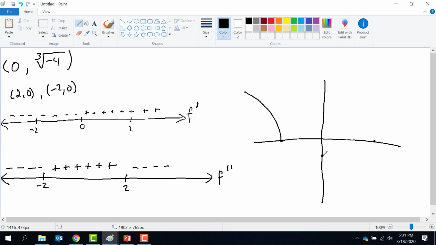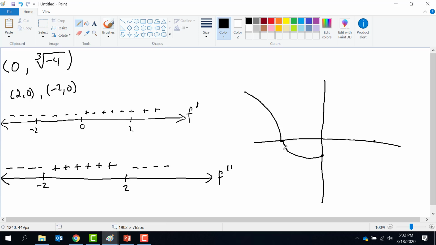And it connects to this point over here, so it looks something like this. Again, the slope of the tangent line there is going to be vertical as we're coming in from the left and from the right, because there was a vertical asymptote for the derivative function.